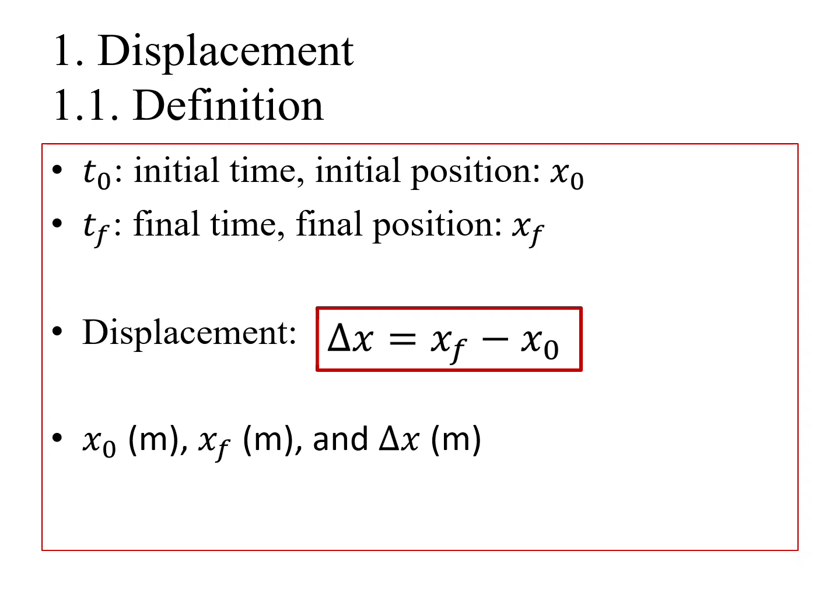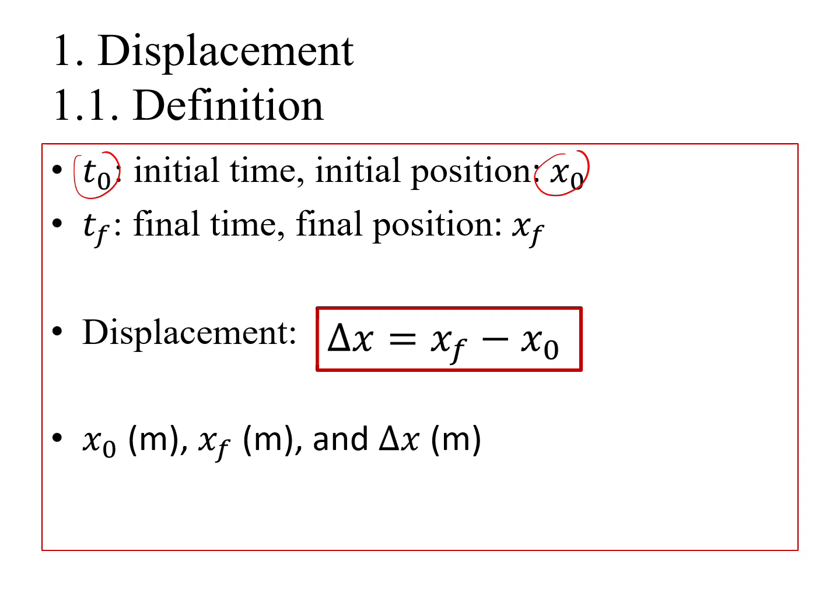Once the coordinate system is chosen, the position of an object tells us where the object is on that line. We usually call the initial position x naught, and that means the position of the object at the initial time, t naught.